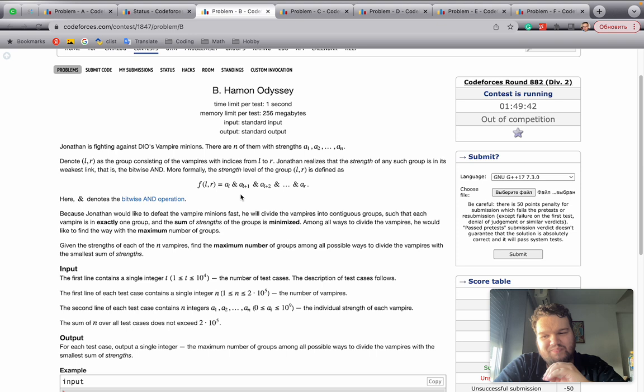So if the AND of all the numbers is not 0, then the answer is just 1, the maximum number of segments we can have. Otherwise, we can only have segments with 0 AND.